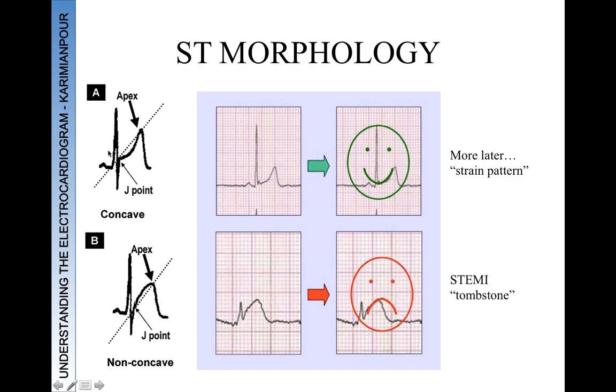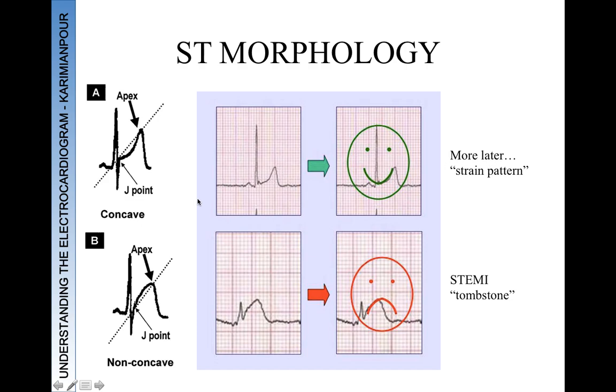If we look at the cartoon image on the left side here, the J point, if you were to draw a dotted line from the J point, which is where the ST segment meets the end of the S wave, up to the top of the T wave, if your ST segment is concave and looks like a smiley face, then this is a strain pattern.